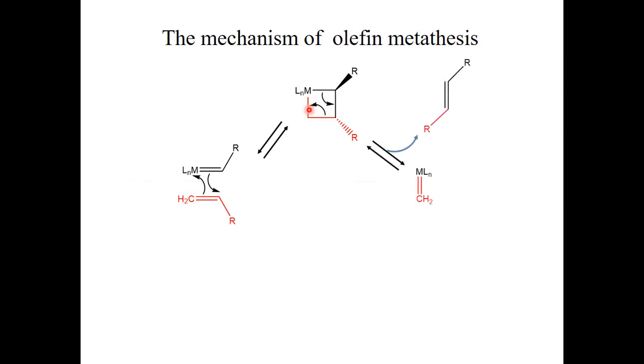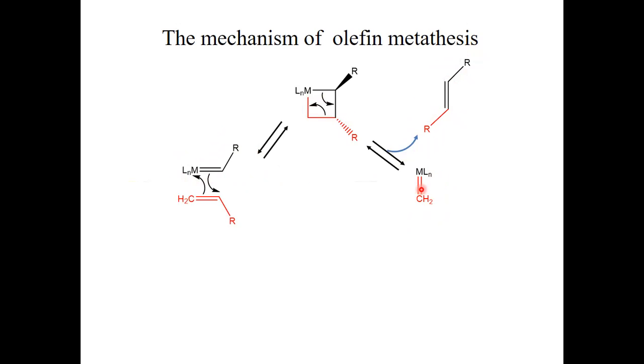Okay, so that actually forms our first reaction product. Okay, our first new alkene. Okay, and we've actually formed a metal carbene back. Okay, so you have actually here a similar species in comparison to over here. So therefore, the new carbene complex here can react in a similar way.